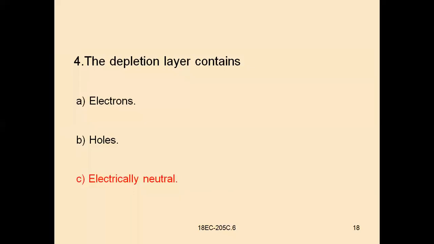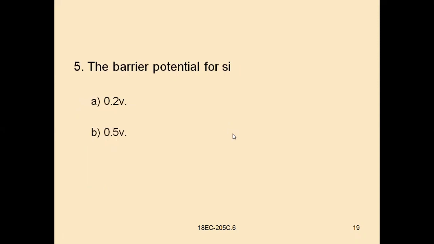So both combine in the depletion layer. Recombination of electrons and holes takes place, so it is electrically neutral. The barrier potential for silicon is 0.7 volts.